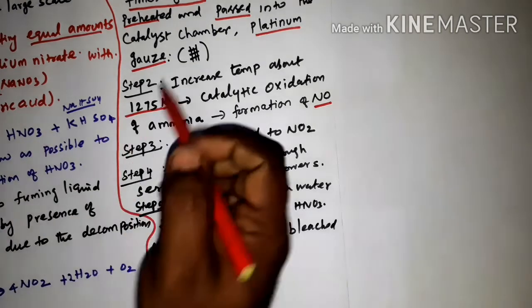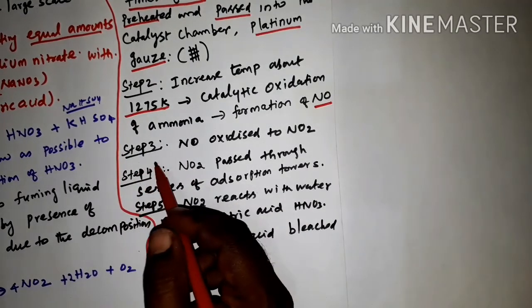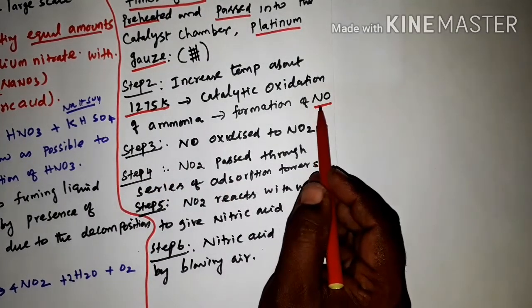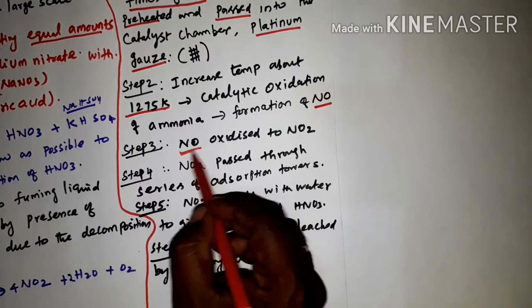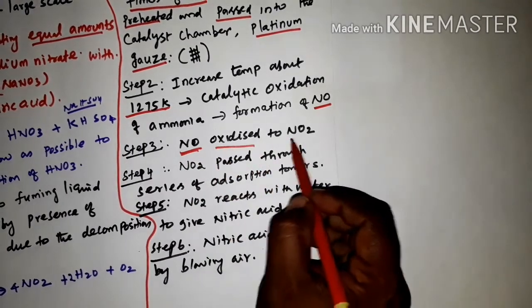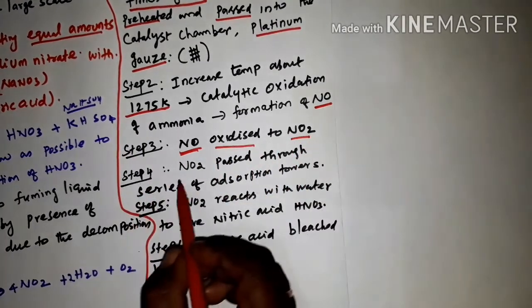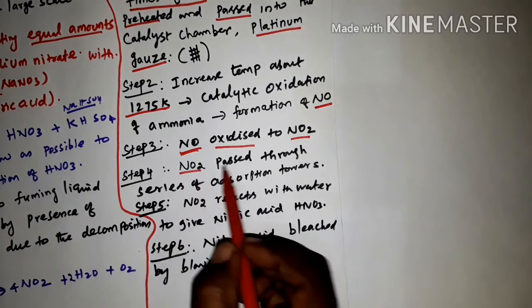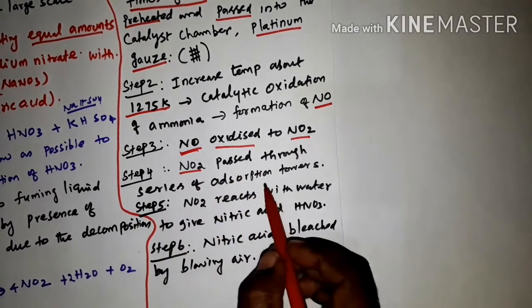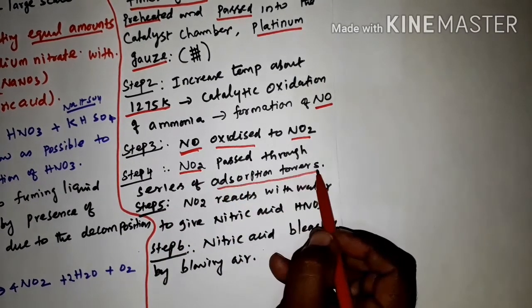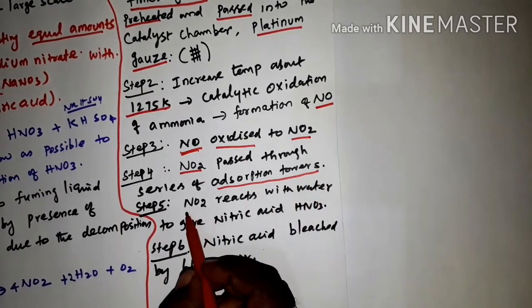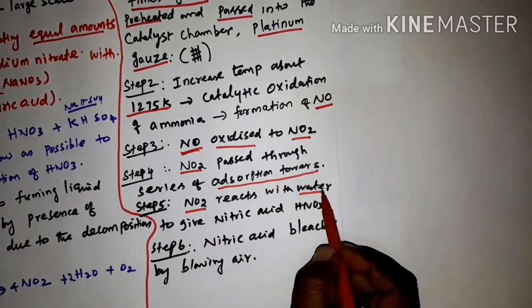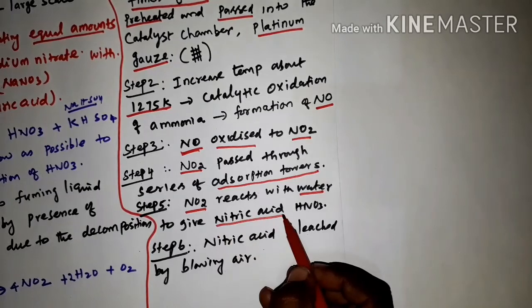Already we discussed step 1 and step 2. In step 3, what happened? This nitrogen monoxide is oxidized to NO2. In step 4, nitrogen dioxide is passed through a series of adsorption towers. In step 5, this nitrogen dioxide reacts with water to give nitric acid.